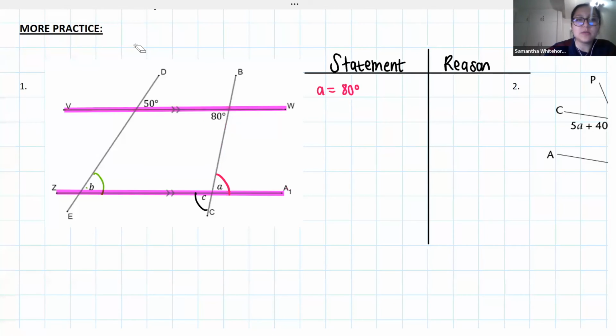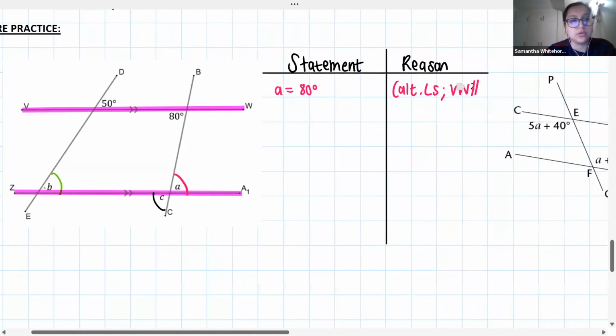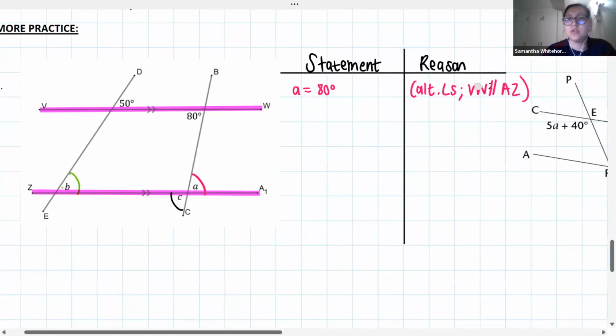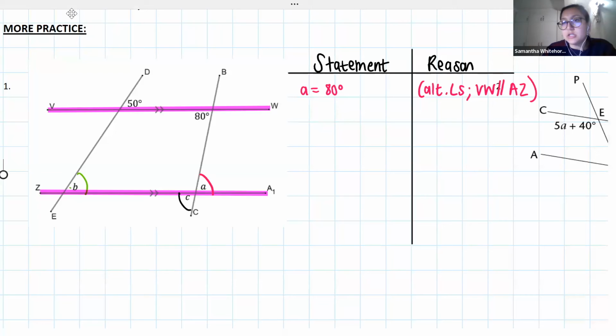So A is equal to 80, alternate angles. And very importantly, state your parallel lines. VW is parallel to AZ or ZA, it really doesn't matter as long as your letters are there. Excellent, Cameron. Thank you. Well done. Chantal, B.